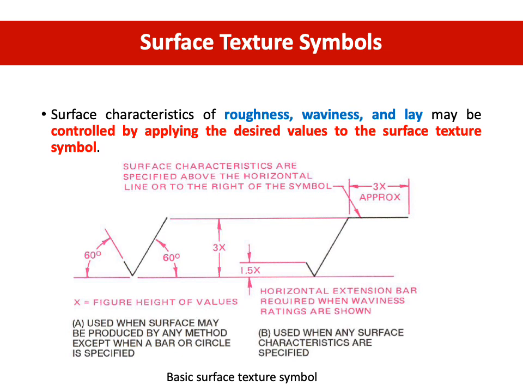So the surface characteristics of roughness, waviness, and lay may be controlled by applying the desired values to the surface texture symbols. The first symbol is used when the surface may be produced by any method, except when a bar or a circle is specified.